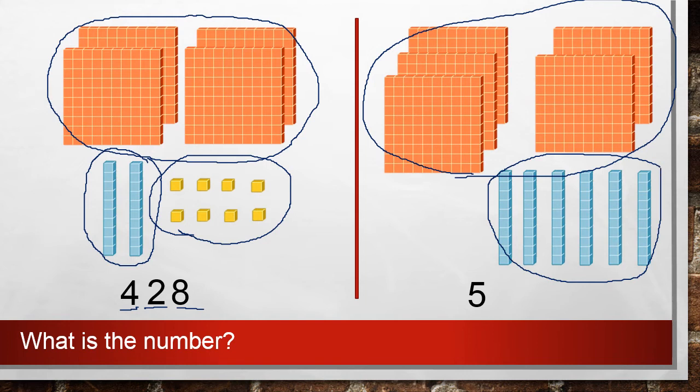We have 6. Very good. And what about the last digit? This is the place of ones. But we don't have ones here. So we have to put the number of 0. Well done if you get the correct answer.